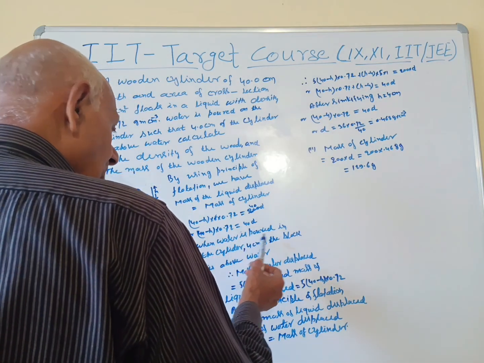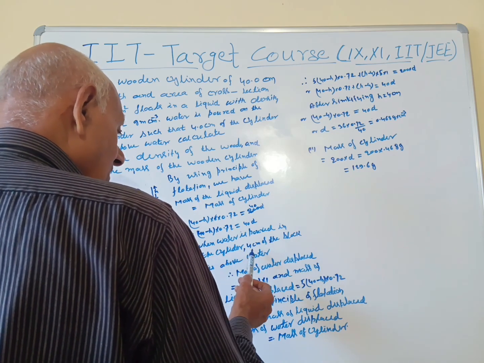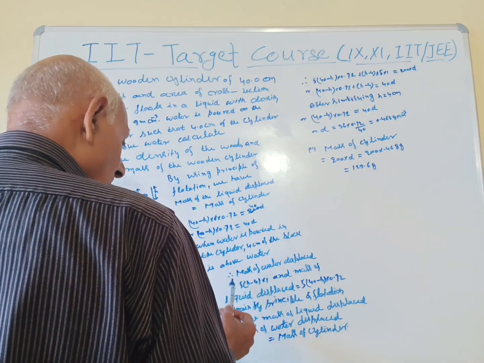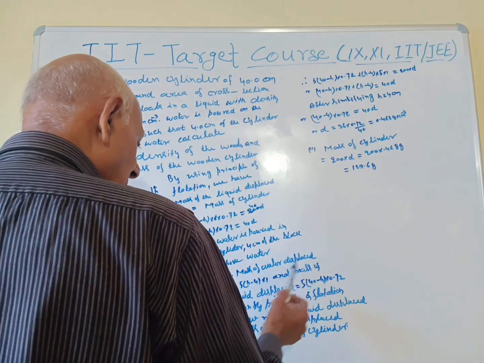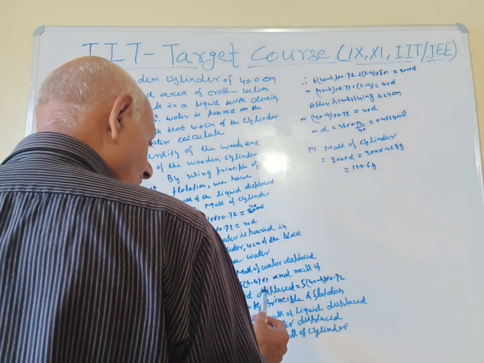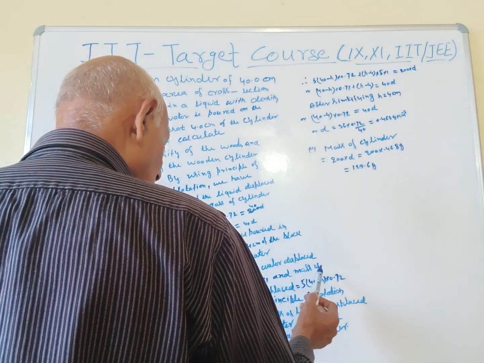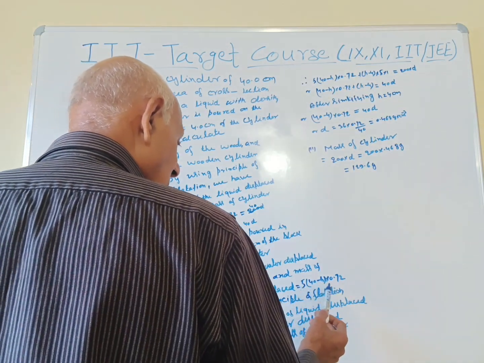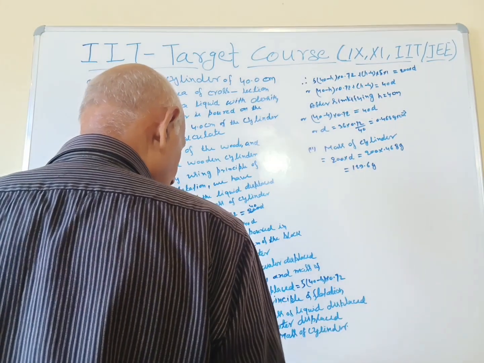When water is poured on the cylinder, 4 centimeter of the block is above water. Therefore, mass of water displaced equals 5 of h minus 4 into 1, and mass of liquid displaced equals 5 of 40 minus h into 0.72.